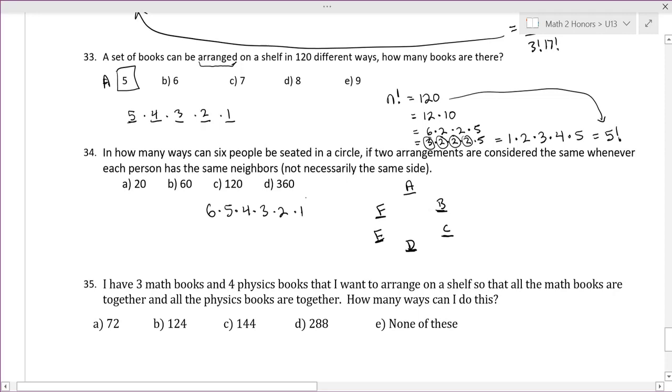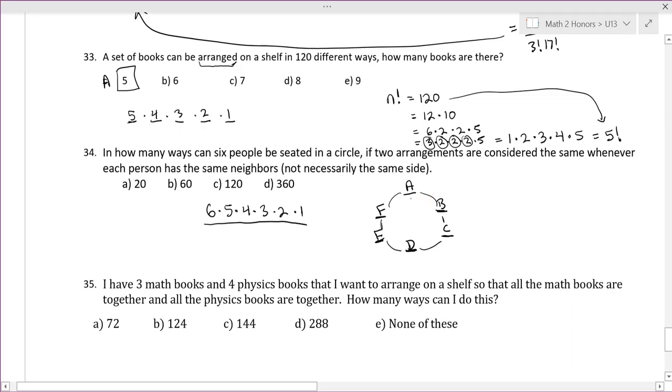But that's if we were thinking linearly, because we have something else to consider here. What if you picture this as a bracelet, with these different beads on it or something like that?